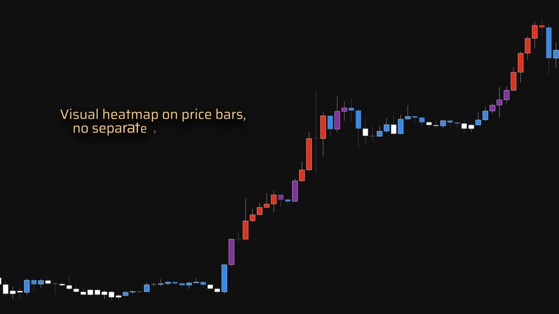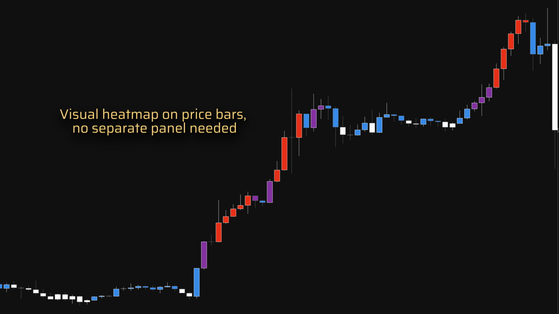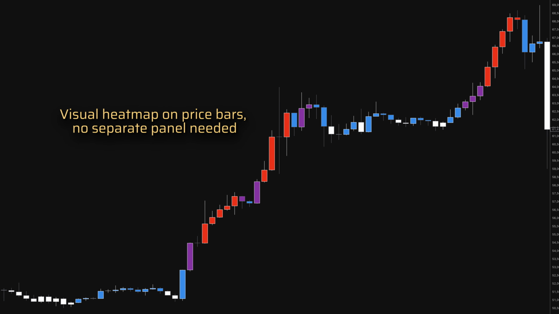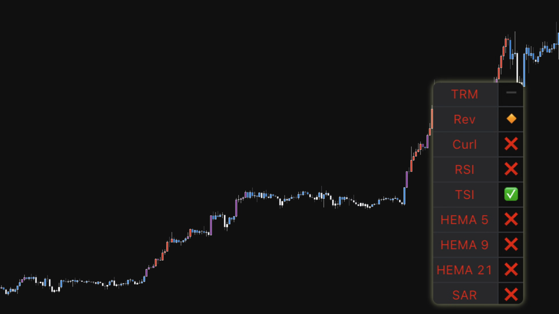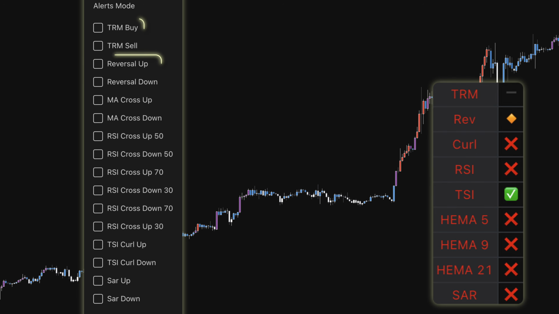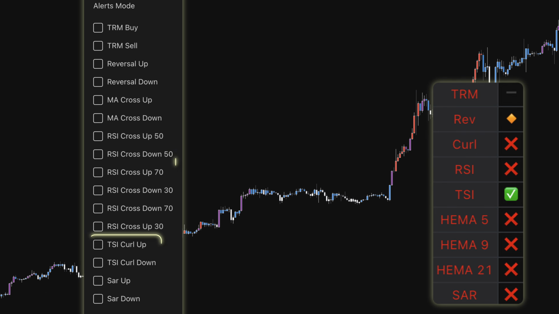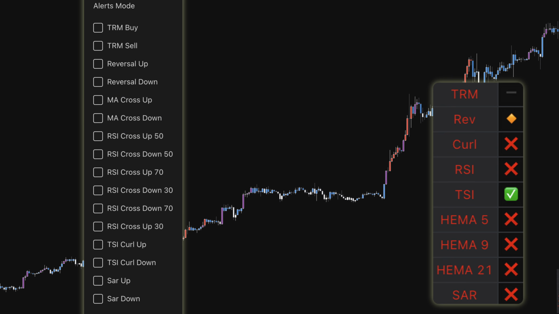This creates a visual heat map directly on price bars, allowing traders to identify momentum extremes and divergences without referencing separate indicator panels. The Bjorgum buy rating table aggregates signals from all 9 components: TRM, reversal, TSI curl, RSI, 3MAs, and SAR, into a scored summary.